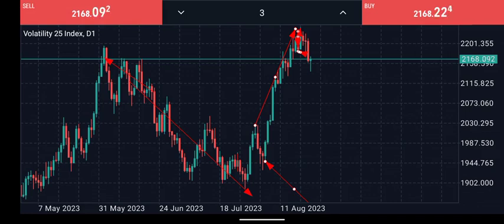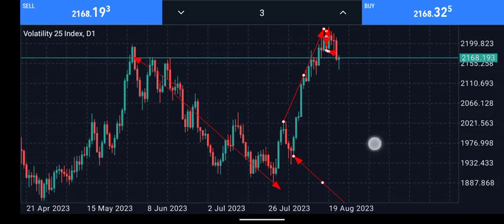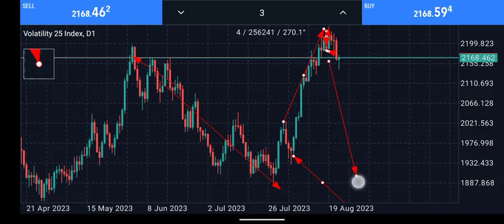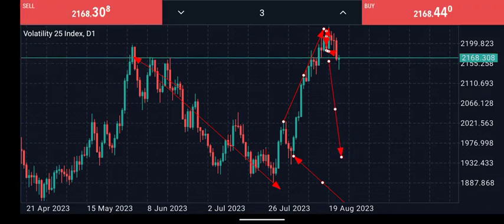Market always reacts to order blocks, but it might not respect it. What do I mean? It means that when the market comes to this order block here, let's say for example, when the market sells here, it will react to it. It might buy a little, then continue selling.